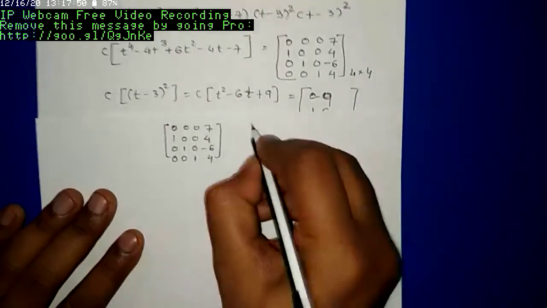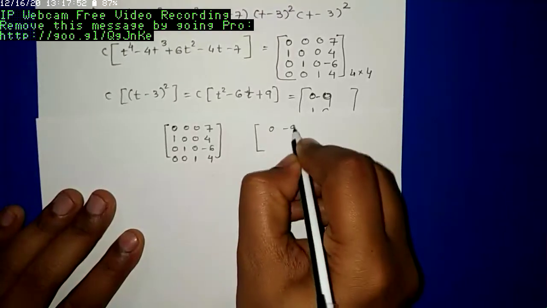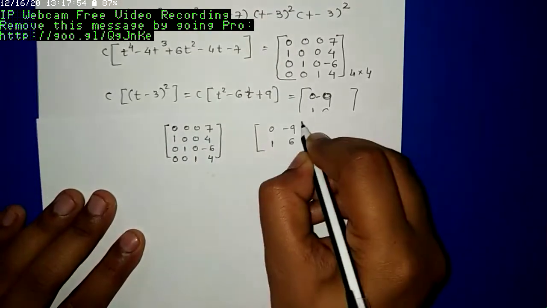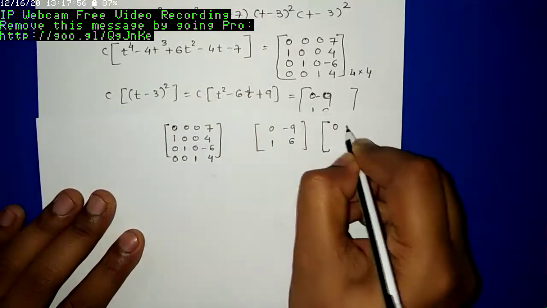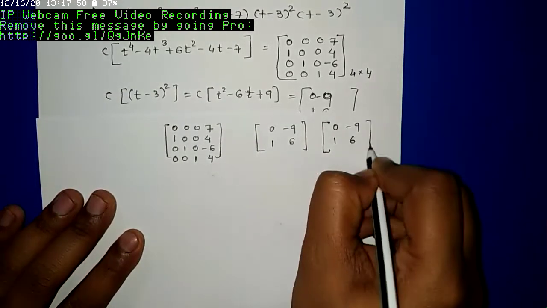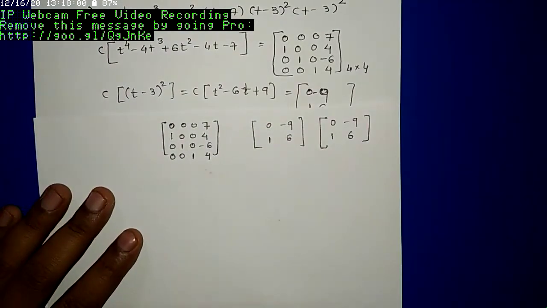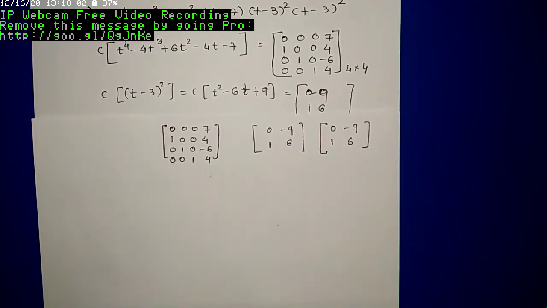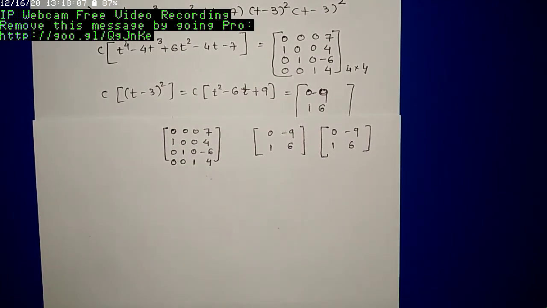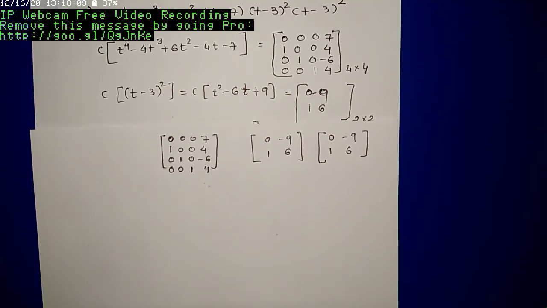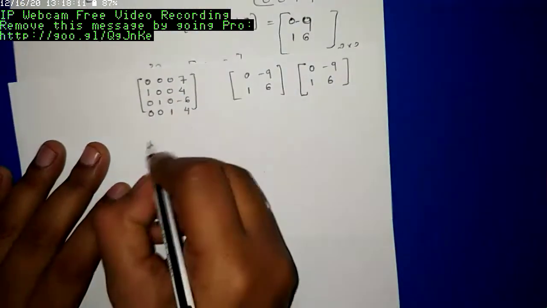Another companion matrix is 0 minus 9 1 6 and another companion 0 minus 9 1 6. Okay, so what we do, we just write like this, combining all of these.